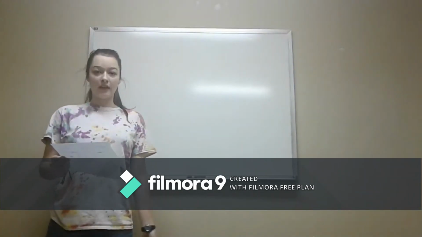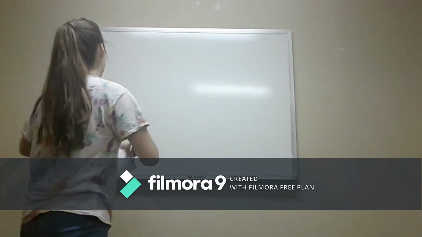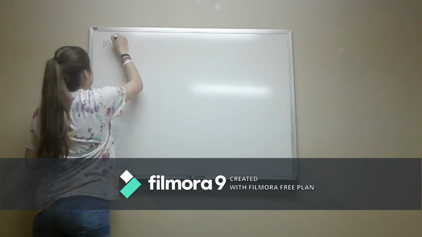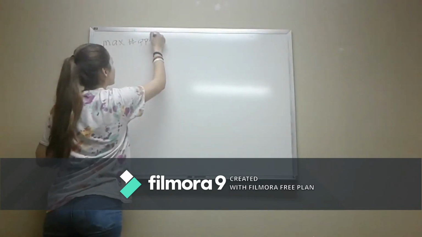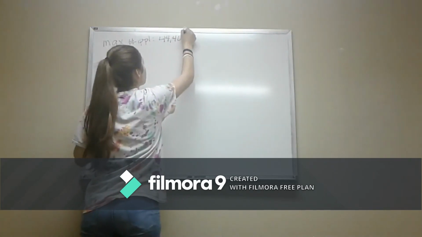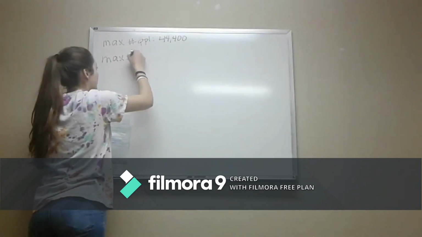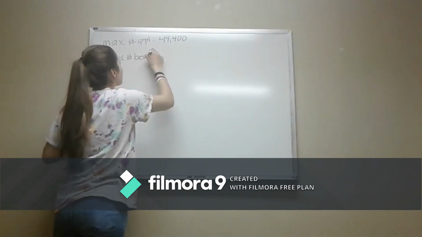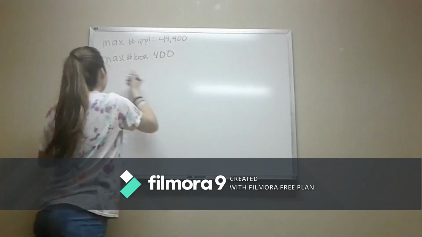Now we've finished solving our linear programming problem, and the final answer that we came up with is that the maximum number of people that can be reached by sending one airplane is 44,400 people. The maximum number of shoeboxes that will be sent in one airplane are 400.